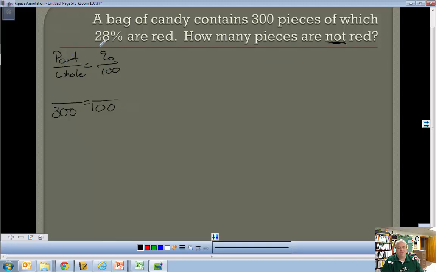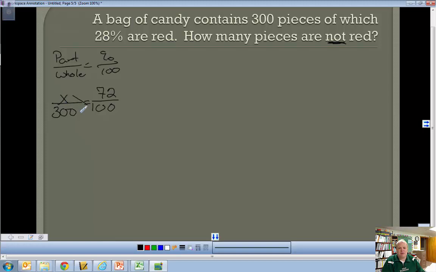If 28% is red, well, 100 minus 28 is 72. So if I subtract that, I should get 72. So I'm going to put 72 up here, and I'm going to put x over here.